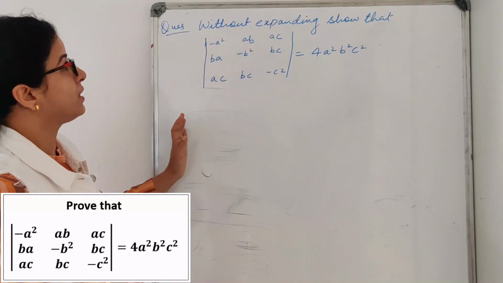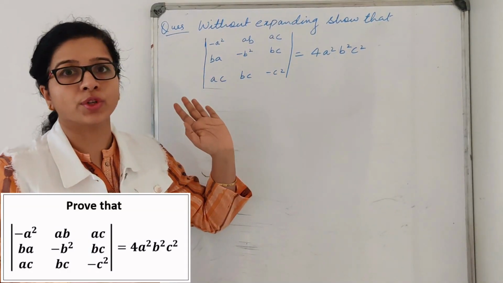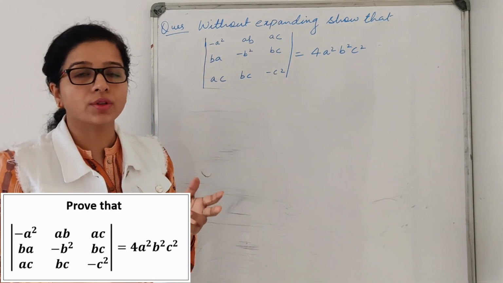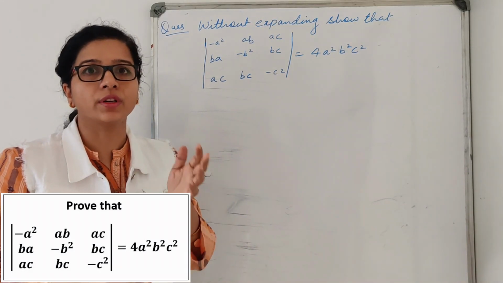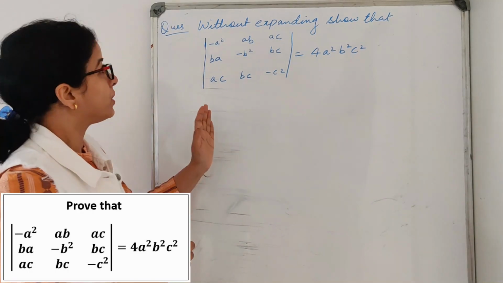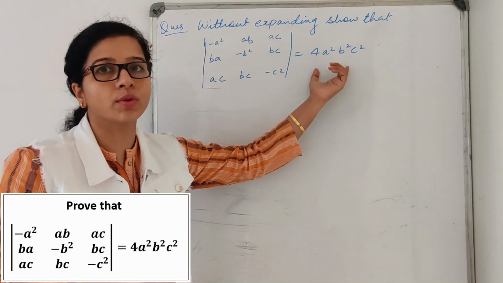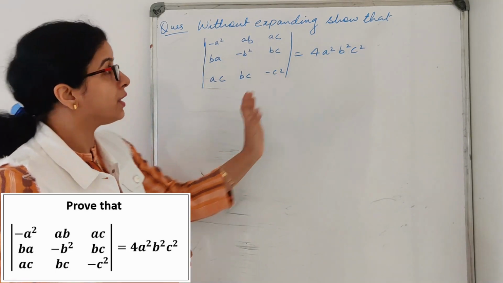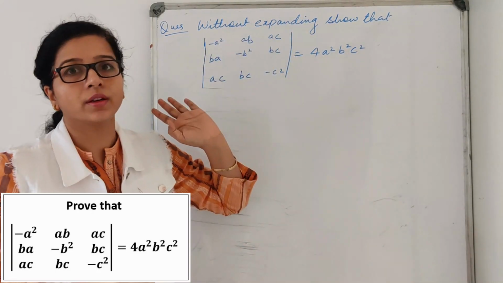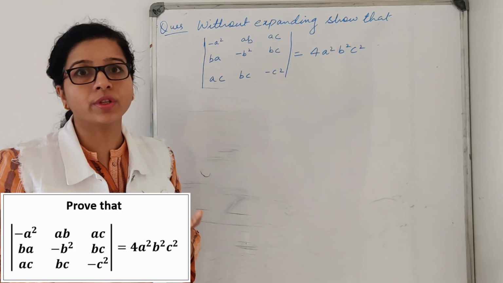Now see, these are the second type of question. In the previous questions you were supposed to find the value of the determinant as 0. Now these are questions where you have to prove that the value of the determinant is equal to this, and it is also written without expanding. So basically you have to use the properties of the determinant.